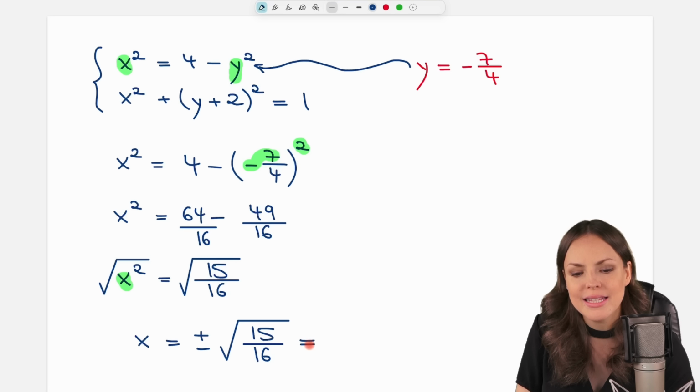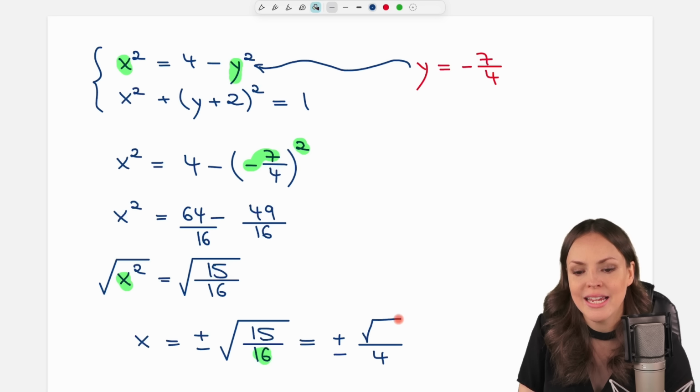And we can make this result a little bit more beautiful because the square root of 16 is just 4. So let's write it as plus minus. Instead of square root of 16, I write the 4 down here. Unfortunately, this doesn't work with a 15, so we still have the square root of 15 here in the numerator.